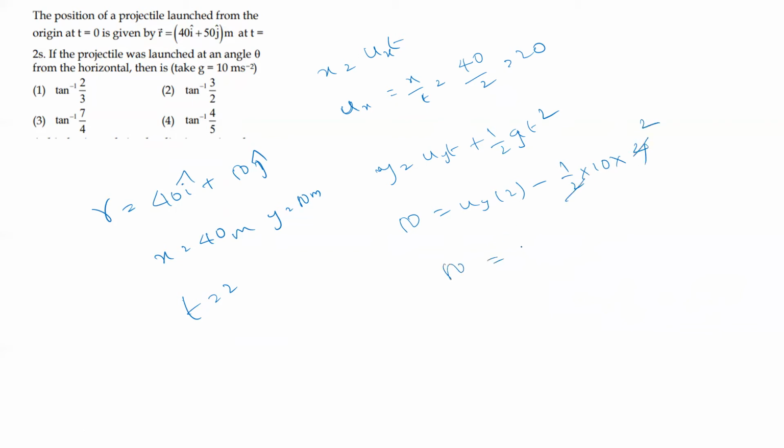So 50 is equal to Uy 2 minus how many? 20. Uy 2, this comes to this side, 70. Uy is equal to 70 by 2, which is 35.